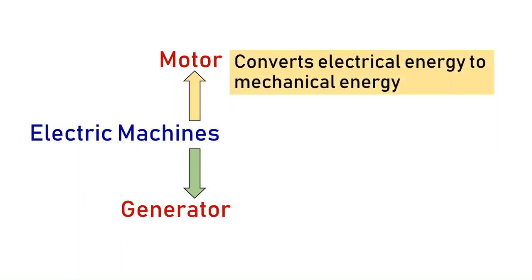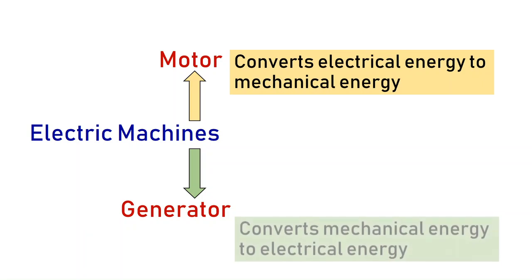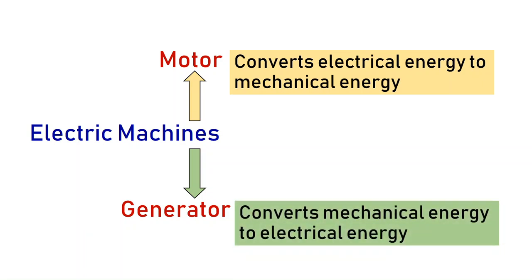Electric machines are mainly classified into motors and generators. A motor converts electrical energy to mechanical energy, whereas a generator performs the reverse function. That is, it takes mechanical energy and converts it to electrical energy.